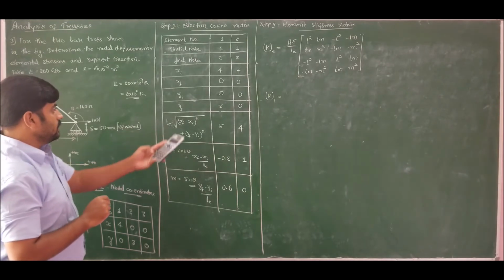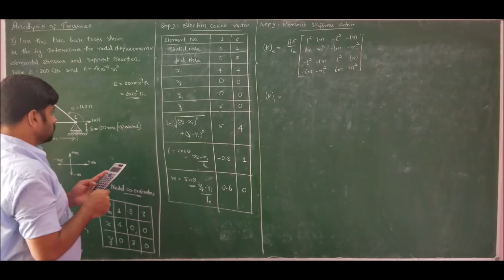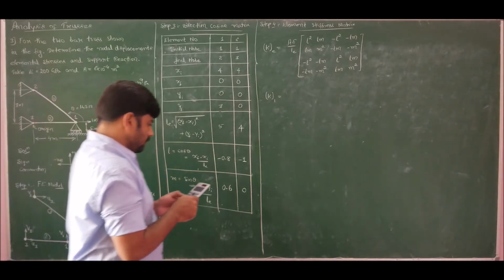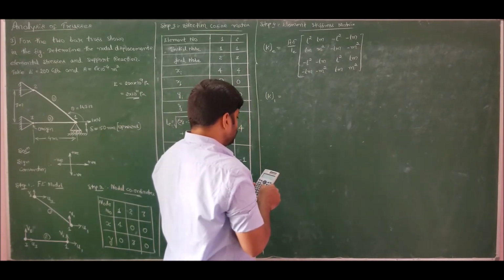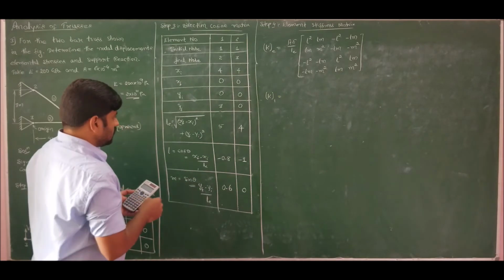Length of element 1 in meters is 5. So this is nothing but 24 into 10 to the power of 6.